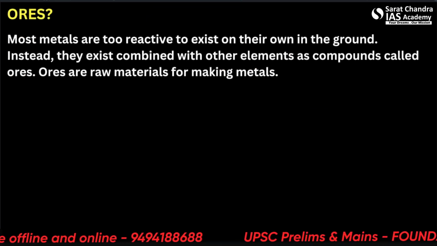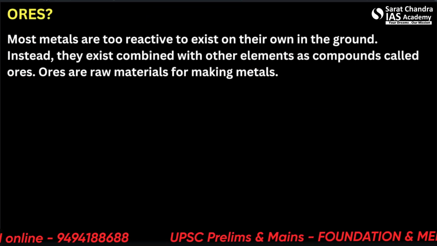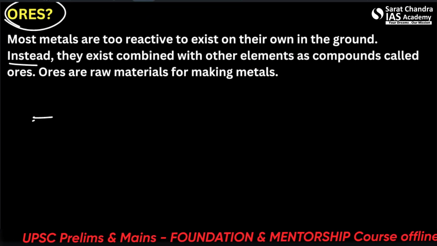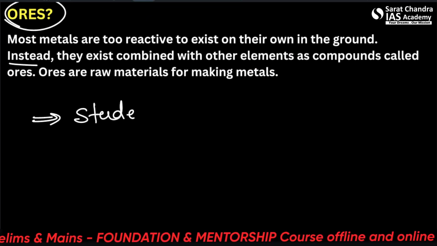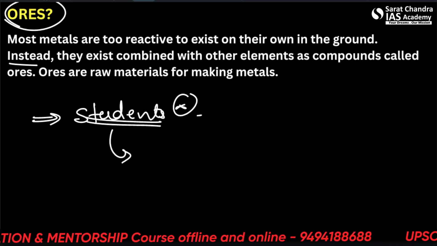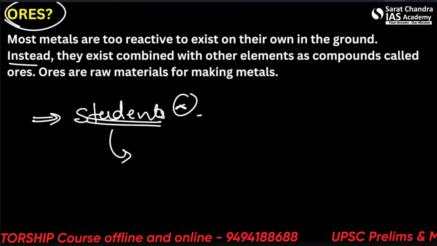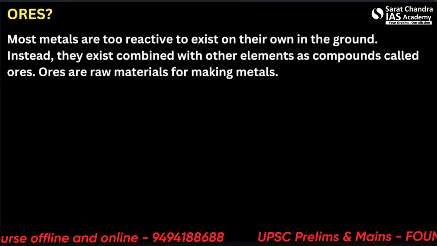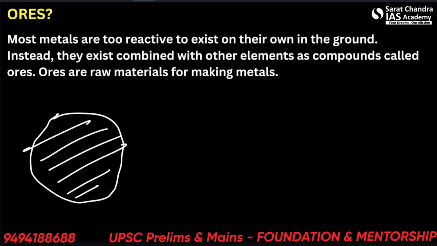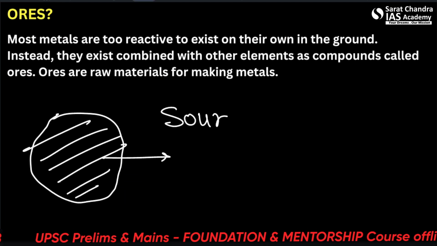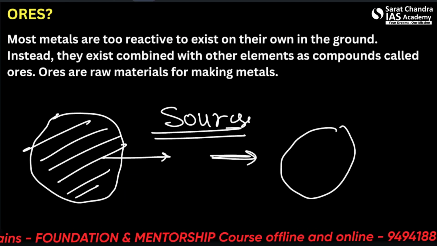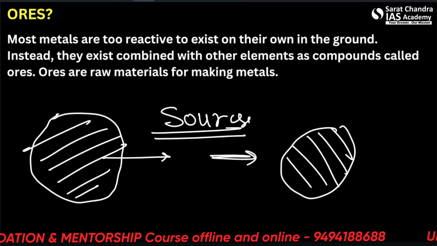Alright, so most metals are too reactive to exist on their own in the ground. So we are talking about ores. What are ores? Because some students might be new, not everybody is as experienced when they start the UPSC journey. So for new students, I'll tell everything from the very beginning. Ores are basically sources of raw material, and from there we can refine pure metals or other minerals.